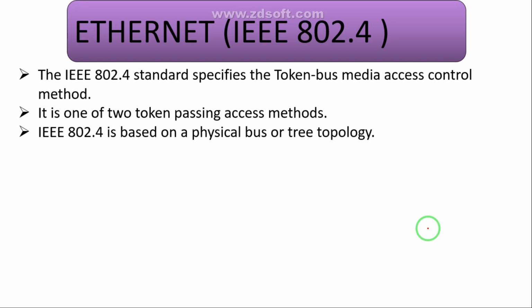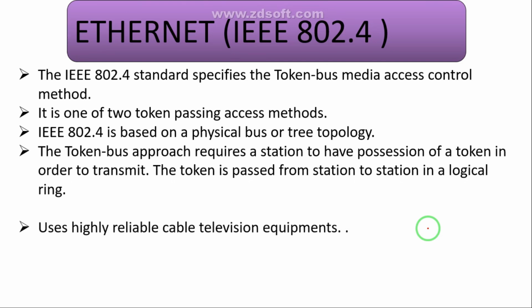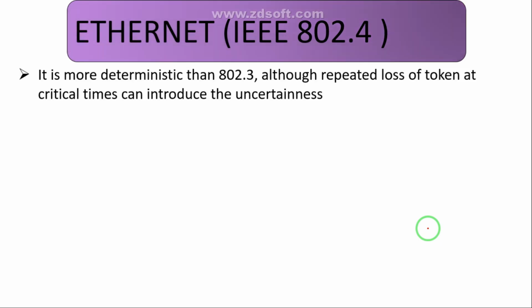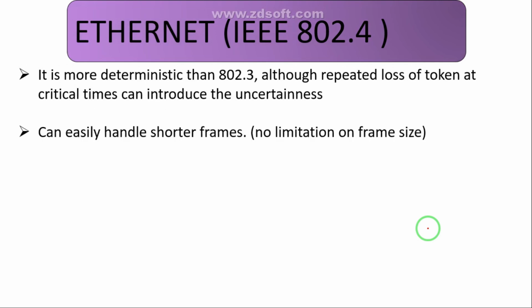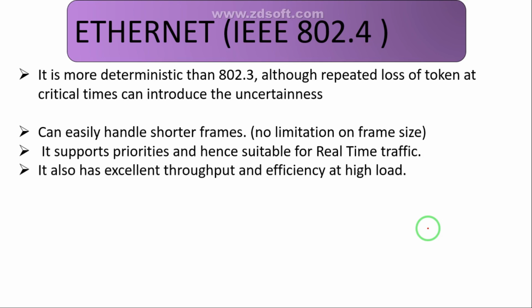IEEE 802.4 is based on physical bus or tree topology, and the token bus approach requires a station to have possession of a token in order to transmit, and then this token is passed from station to station in a logical ring. It is highly reliable for cable television equipment, and it can handle shorter frames. It supports priorities and hence is suitable for real-time traffic. It also has excellent throughput and efficiency at a high load.